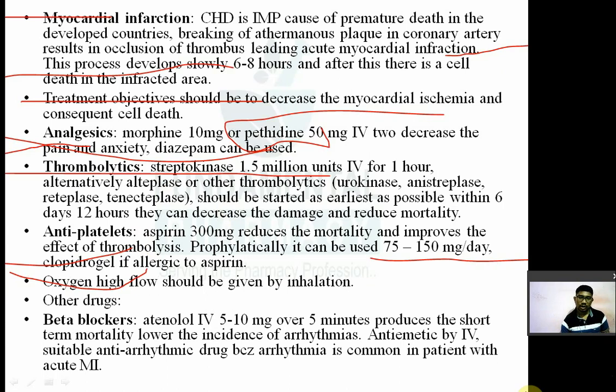Use intravenous atenolol over a 5 minute interval, which decreases short term mortality. क्या होता है कि मायोकार्डियल इन्फेक्शन की वजह से एरिथमिया भी आता है. So to prevent that arrhythmia, intravenous atenolol 5 to 10 milligram over 5 minutes decreases short term mortality and lowers the incidence of arrhythmia.